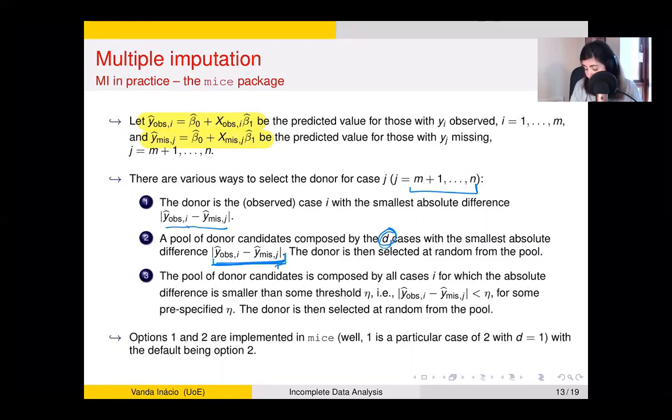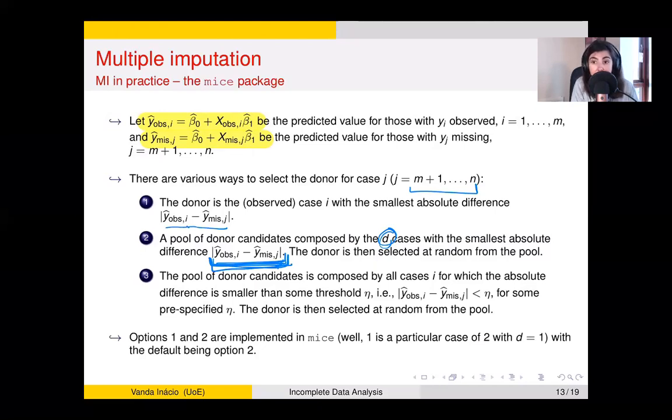So for case j, I look at the absolute difference for all observed cases, and then I say, okay, I want as possible donors the five that give me the smallest absolute difference. So I pick the five for which this difference is the smallest in our data set.